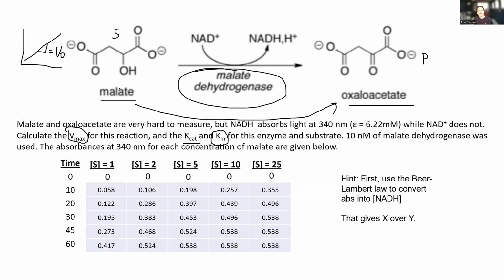Yeah. And so the malate and the oxaloacetate are very hard to detect. We can't use spectrophotometry on them because they don't absorb light in a particular wavelength particularly well. But what is also a substrate in this is NAD. What is a product? It's NADH.